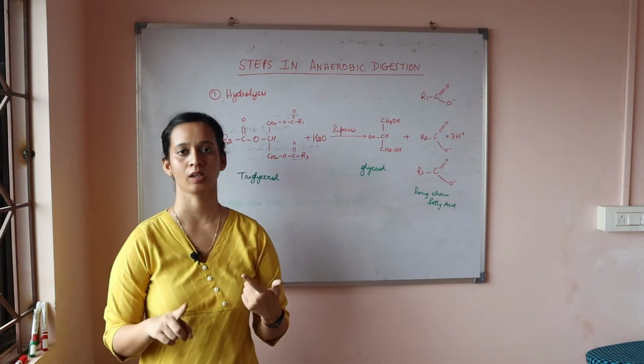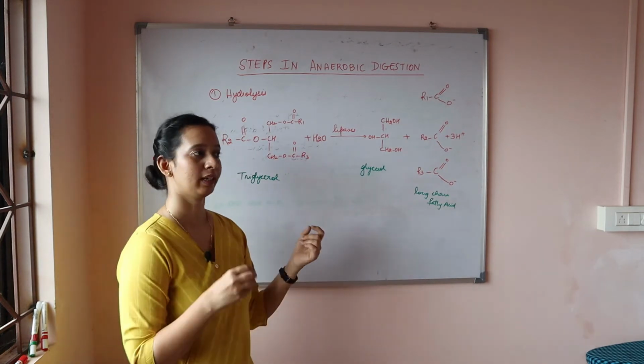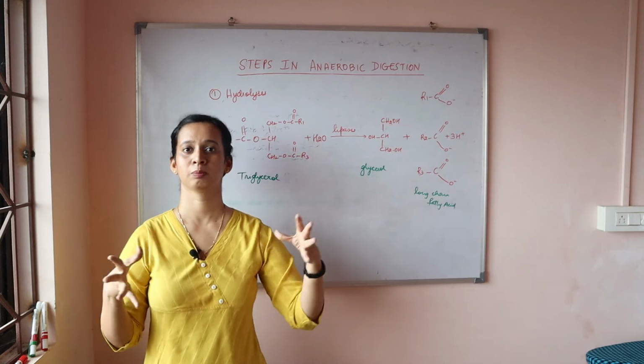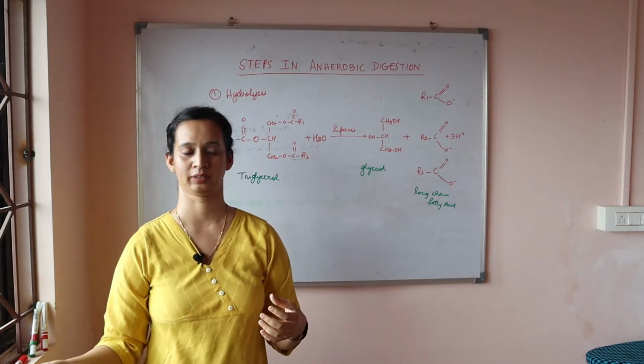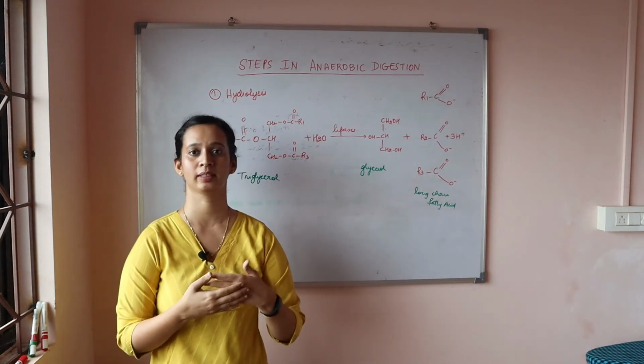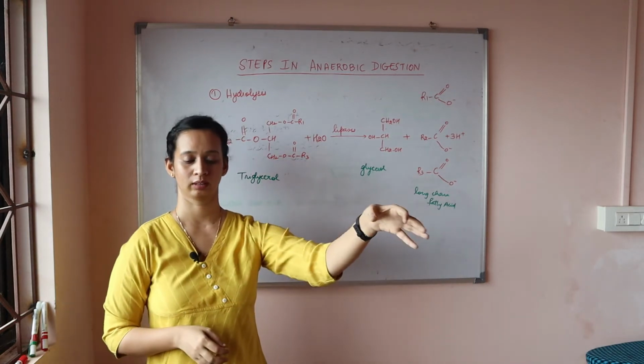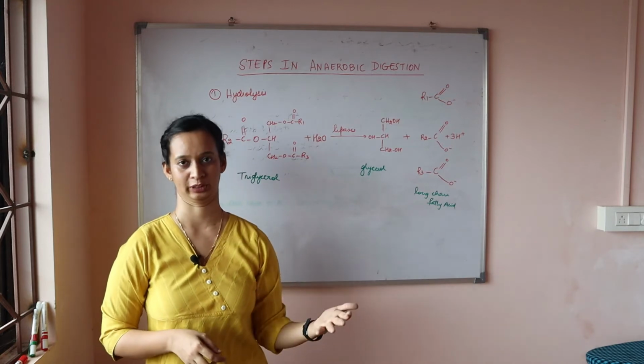Second, any kind of reaction which takes a lot of time is called a rate limiting reaction. Why? Because it limits the rate of all the further reactions.